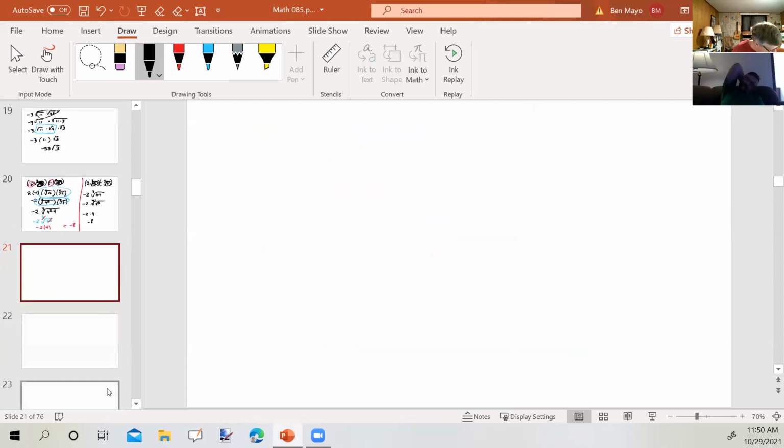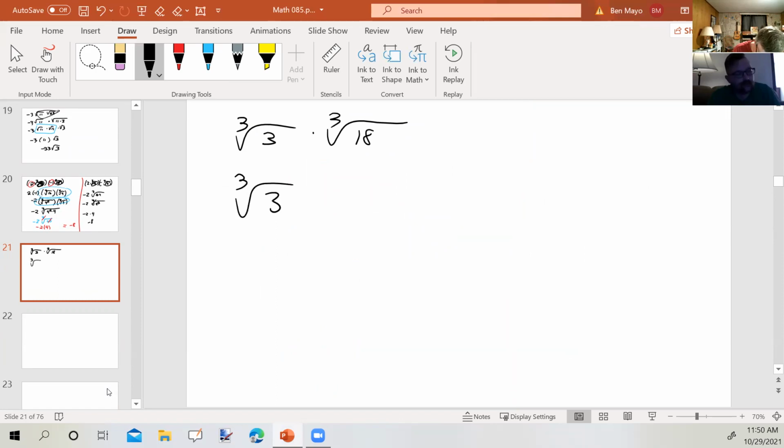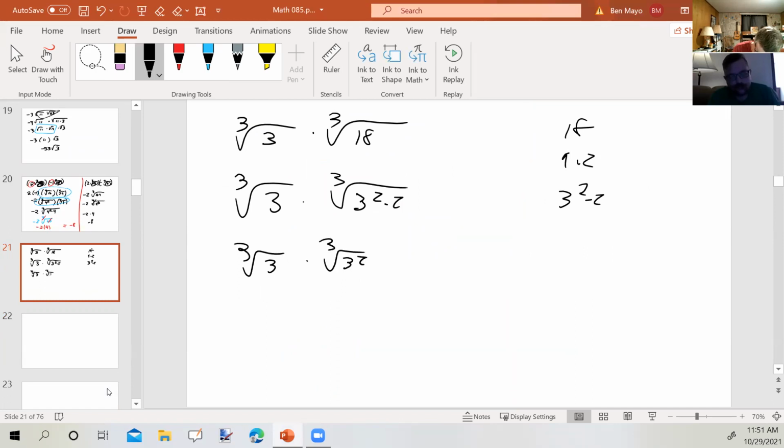How about this one? Cube root of 3 times cube root of 18. 18 is 9 times 2 is 3 squared times 2. So I've got the cube root of 3 times the cube root of 3 squared times the cube root of 2.